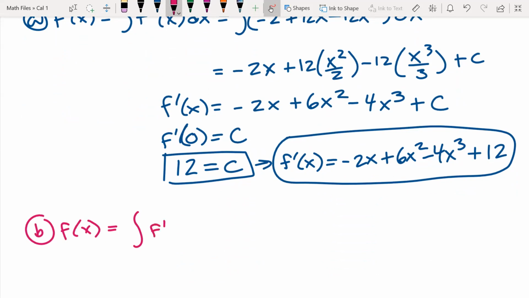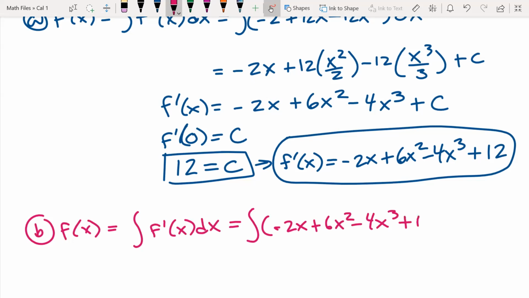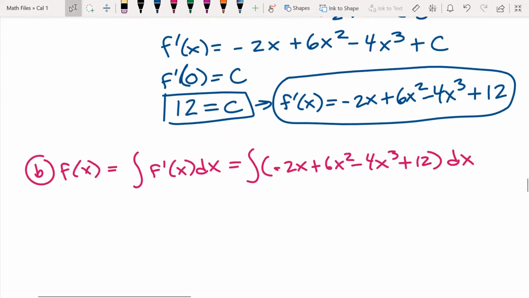The integral of f prime of x dx, and we get the integral of negative 2x plus 6x squared minus 4x cubed plus 12 dx. Okay. Power rule on first three, constant rule on the last one.